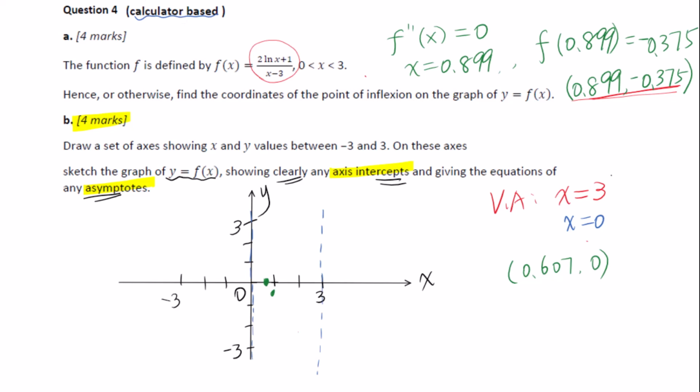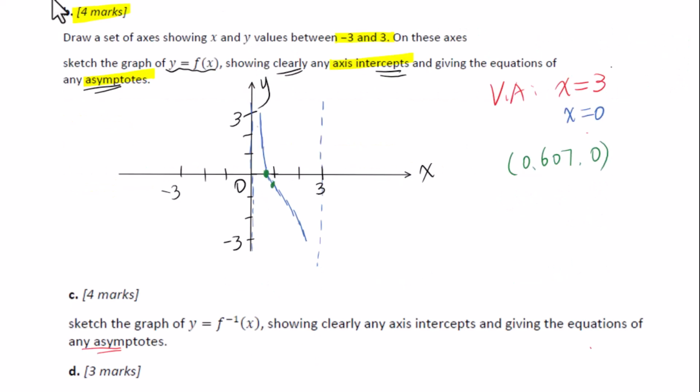Then you can sketch the graph now. Make sure your graph is in this window, negative 3 and 3. X equals 0 is the vertical asymptote line. Then this will be the graph.